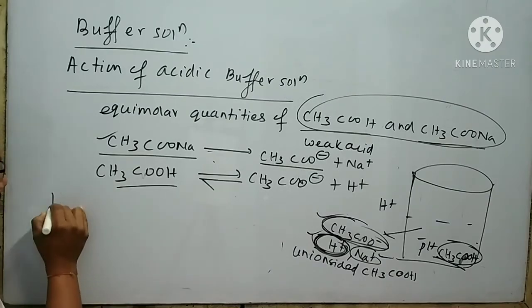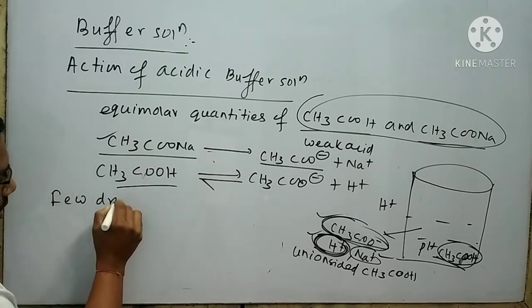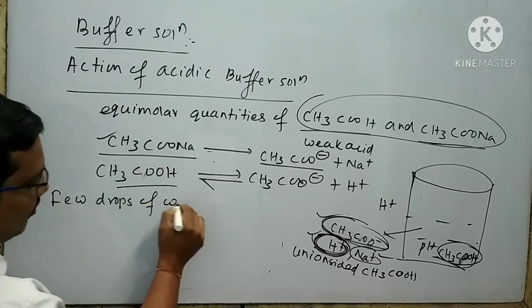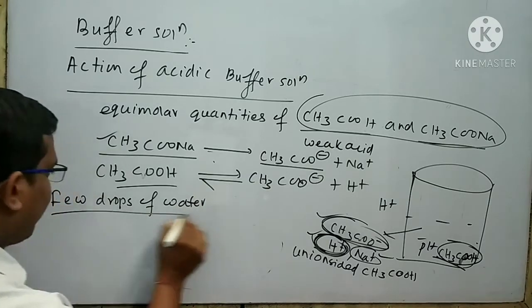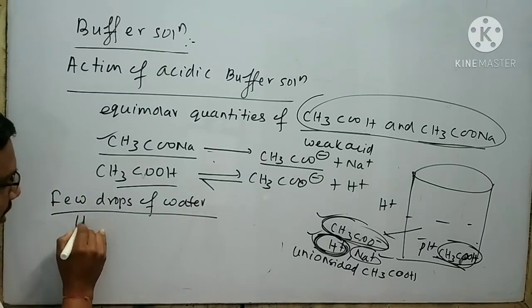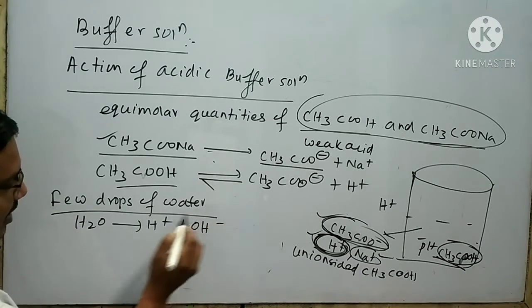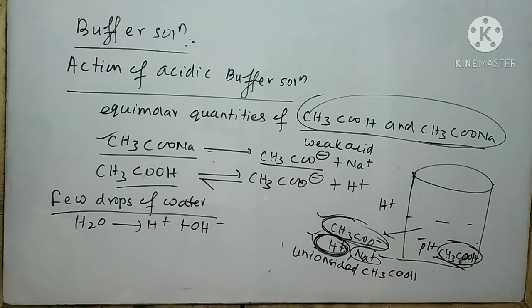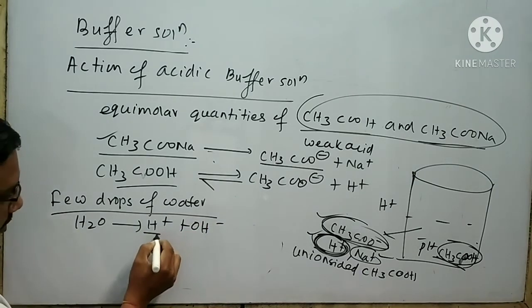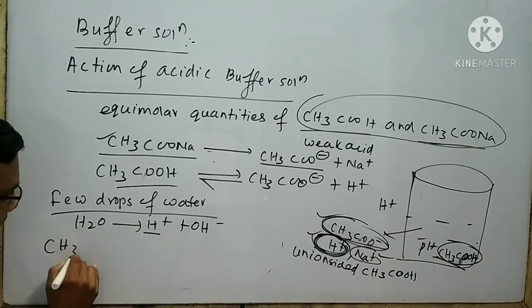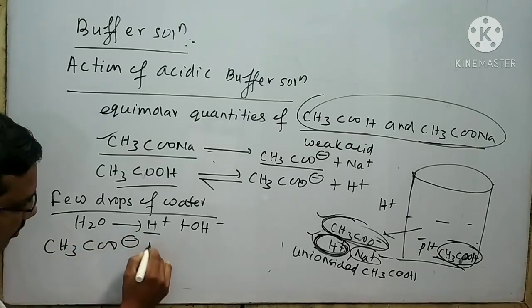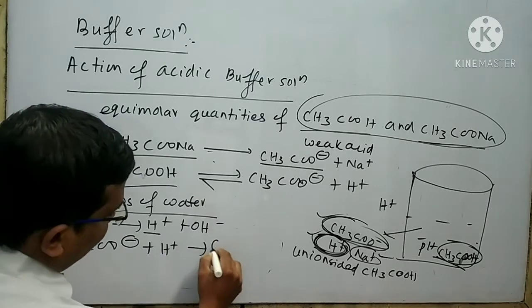If I add a few drops of water from outside, then what will happen? We know that water has one H plus ion and one OH minus ion. The added H plus ion combines with the acetate ion to form acetic acid.